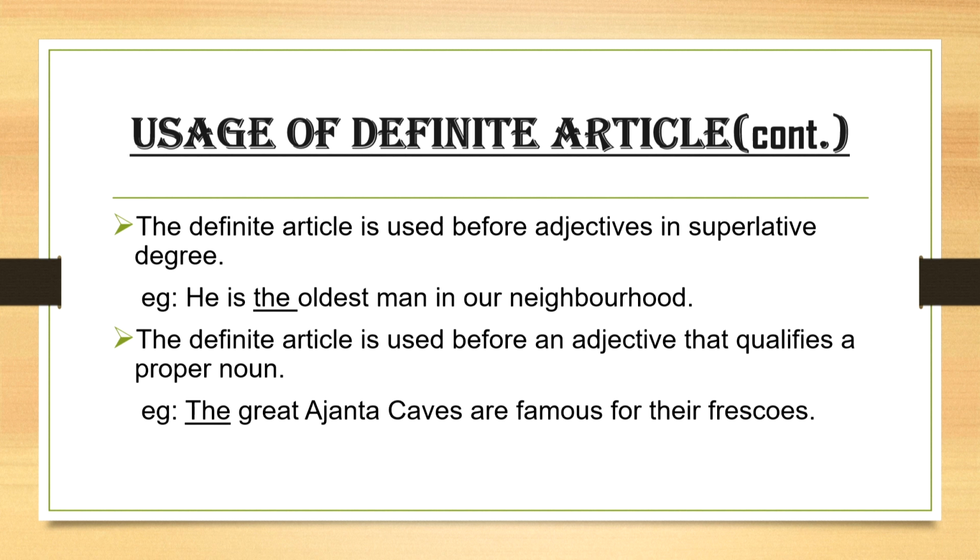Now, next use, the definite article is used before adjectives in the superlative degree. For example, he is the oldest man in our neighborhood. Now, next, the definite article is used before an adjective that qualifies a proper noun. For example, the great Ajanta caves are famous for their frescoes.